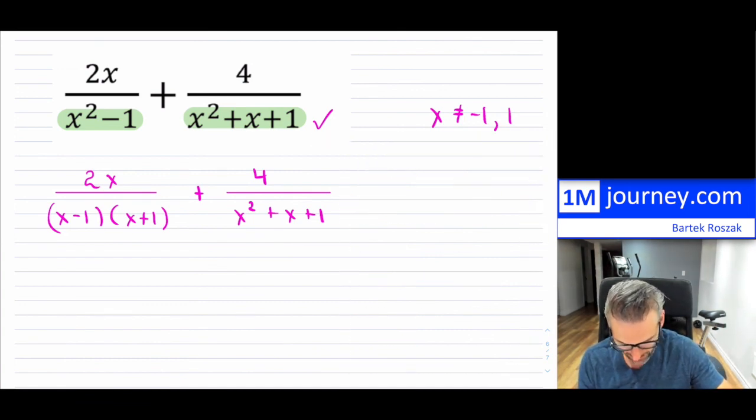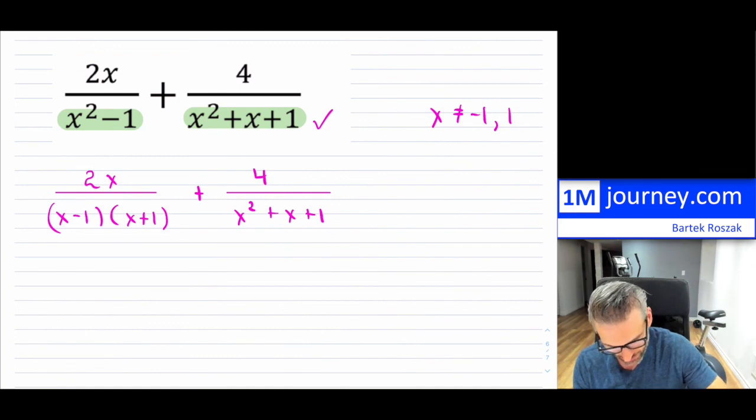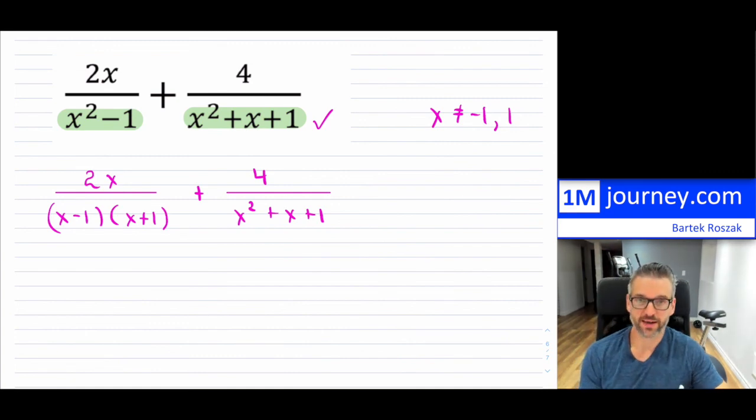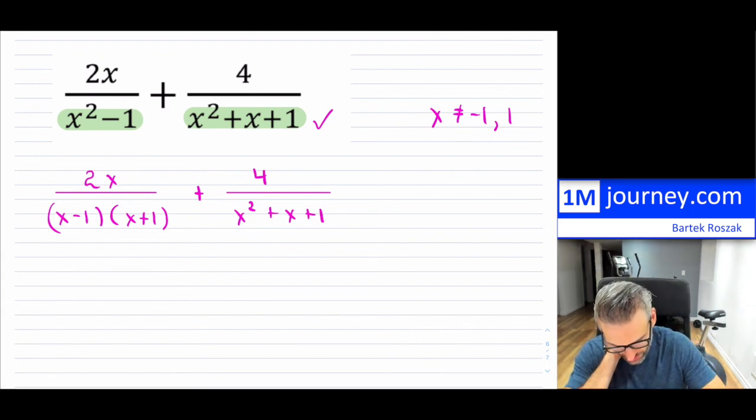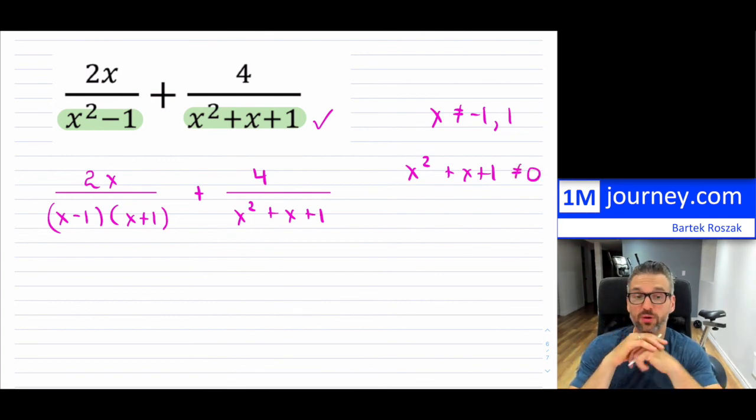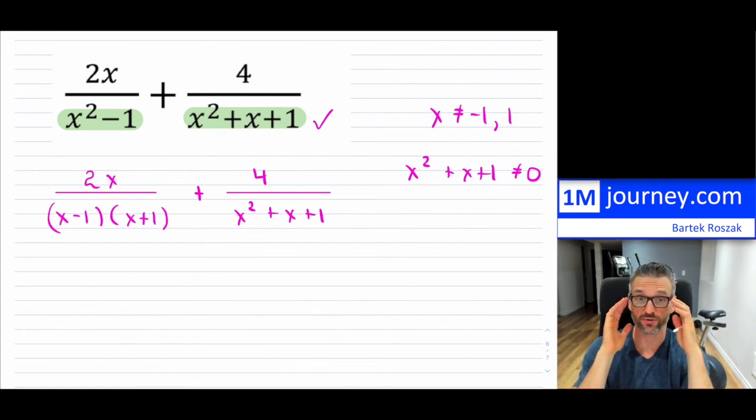Now notice, most of the time, if you're running out of time on tests, you can show the teacher the restriction, so for example, this cannot be equal to 0. But we know it will not be equal to 0 at all. There are no zeros for this one.